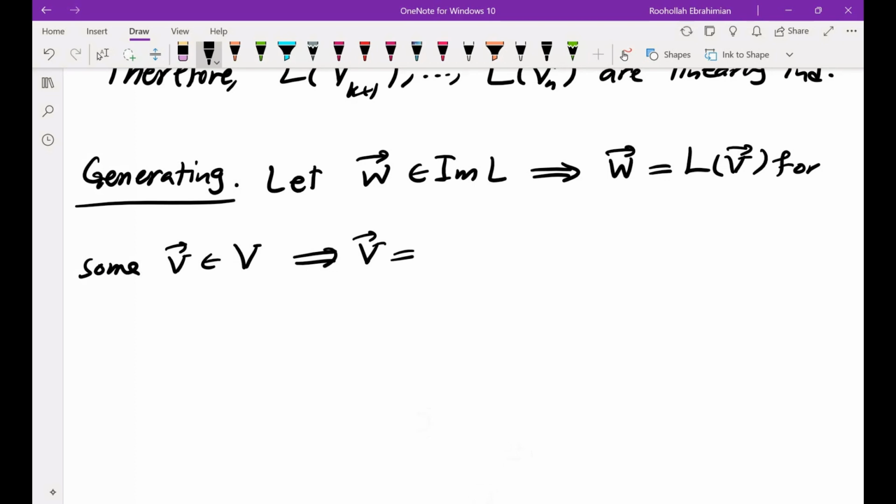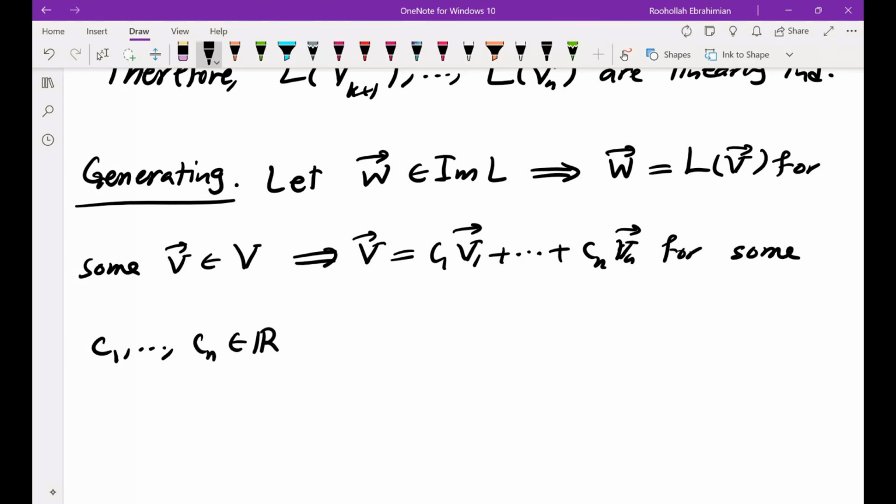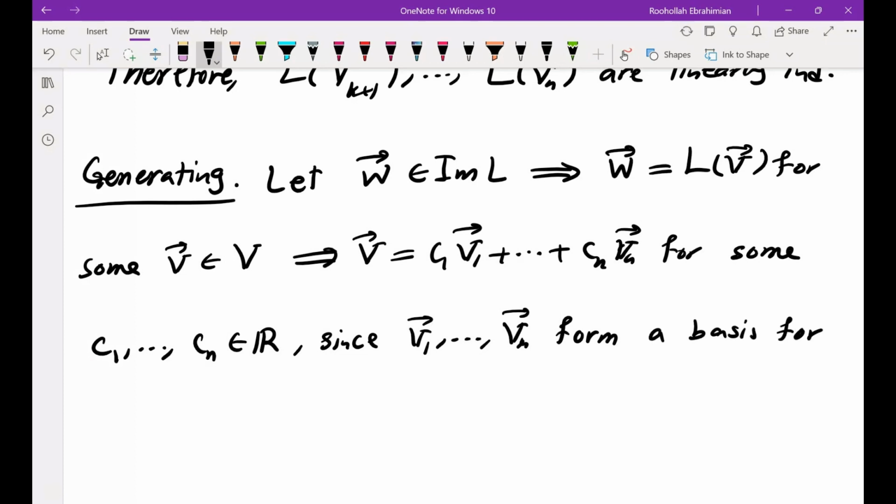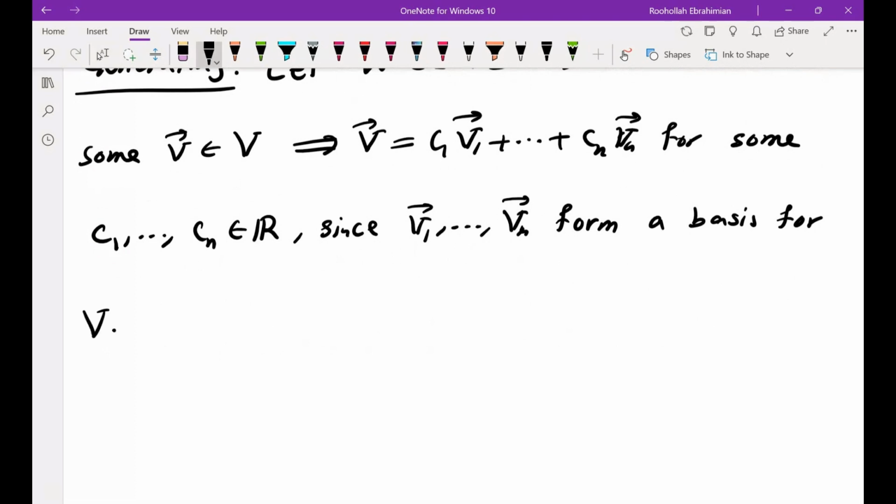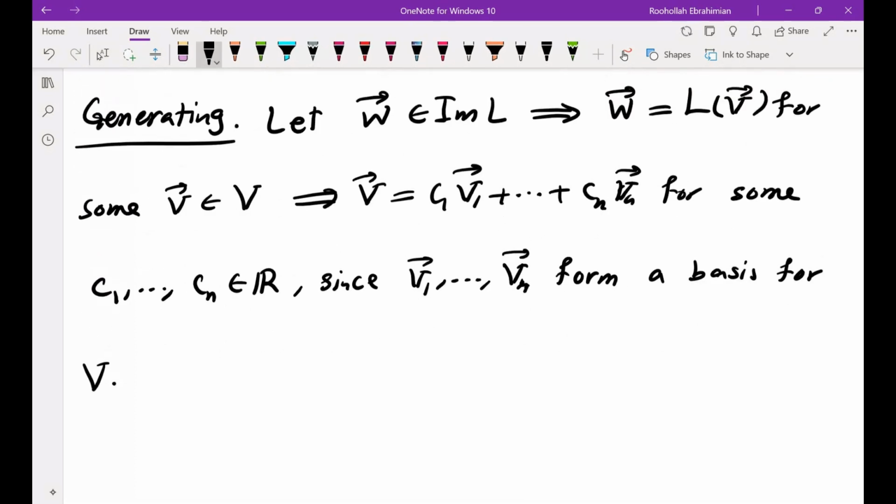So v is equal to c_1 v_1 all the way to c_n v_n for some c_1 through c_n in R, since v_1 through v_n form a basis for V. Because they form a basis for V, we can write down v as a linear combination of those.